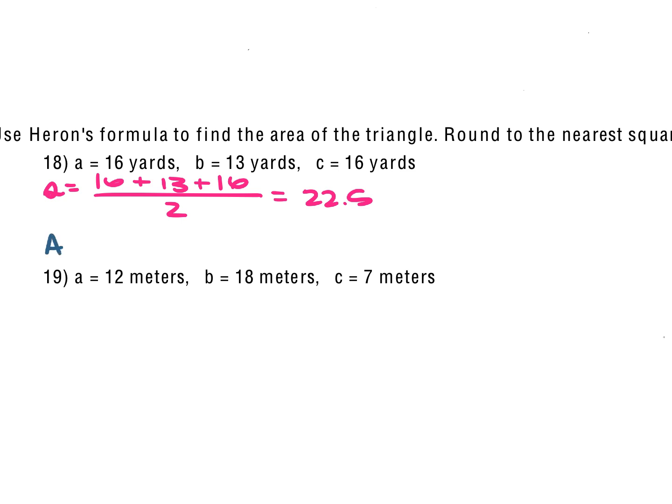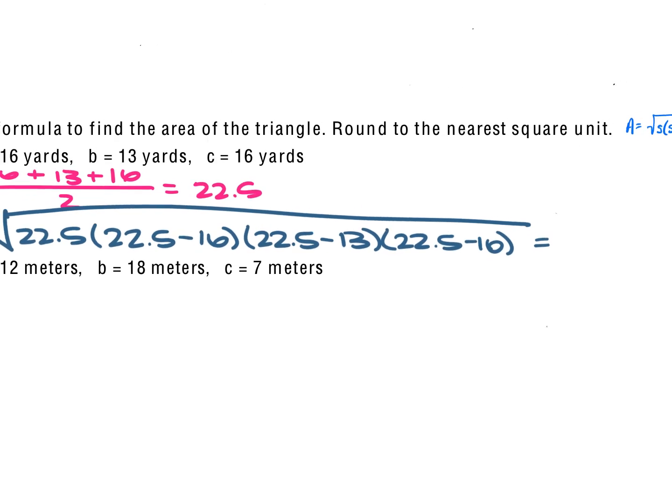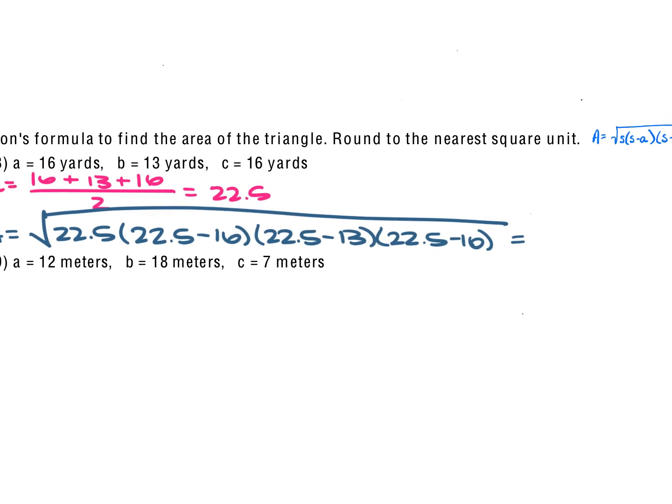To find the area, we're going to take the square root of 22.5 times 22.5 minus 16 times 22.5 minus 13 times 22.5 minus 16. And we're going to round this to the nearest square unit. So you're going to use your calculator. Square root of 22.5 times 22.5 minus 16 times 22.5 minus 13 times 22.5 minus 16 gives us 95 yards squared.